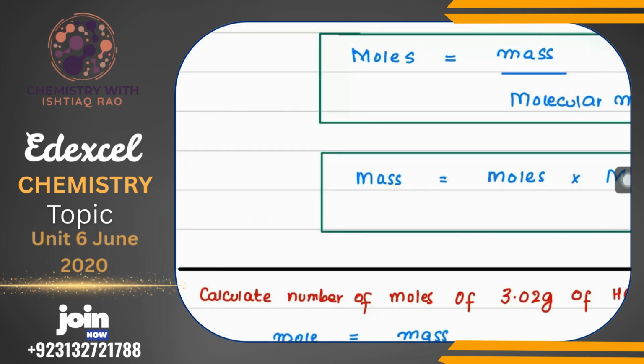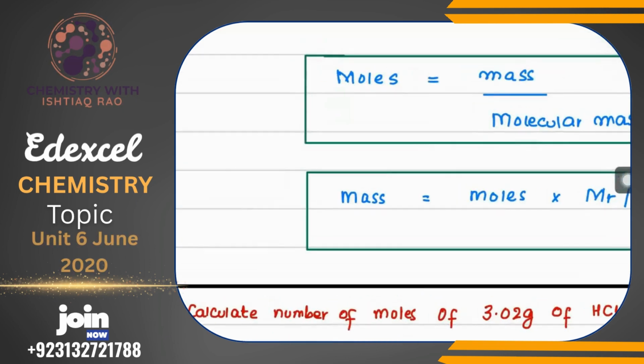If you look at this question, they're asking the number of moles and they have given you the mass. Mass can be expressed in grams, in kilograms, or in tons. Depends. All will be masses.